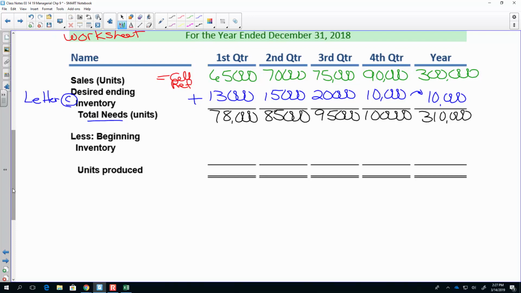Skip the first quarter. What I'm going to do is take an arrow here. I'm going to bring these numbers down into the beginning inventory. Remember with beginning inventory, that's where we subtract to get the units produced. So 13, 15, and 20.